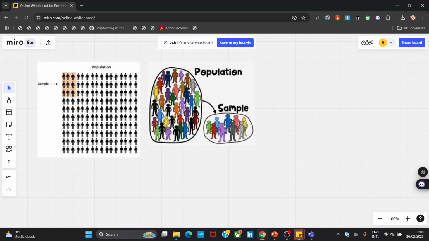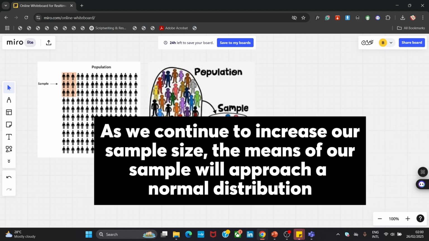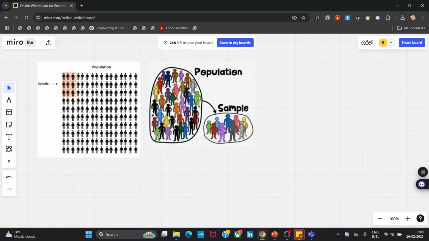Now, what is central limit theorem? Central limit theorem states that as we continue to increase the size of our sample, the sample means approach a normal distribution. Now, a normal distribution simply means a distribution that is not skewed.